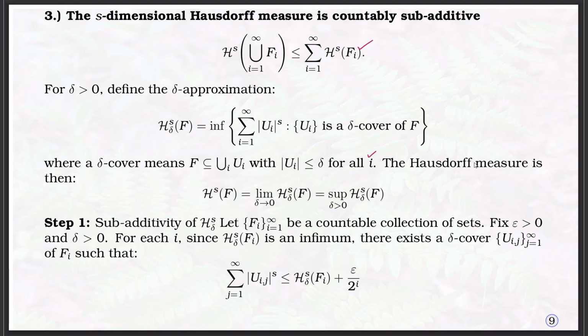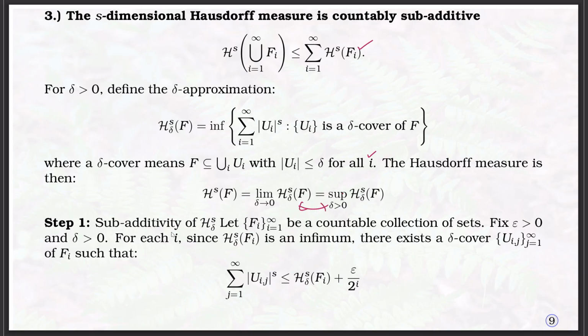The Hausdorff measure is then H^s of F, the limit as δ tends to 0, or equivalently the supremum over δ greater than 0 of H^s_δ of F.